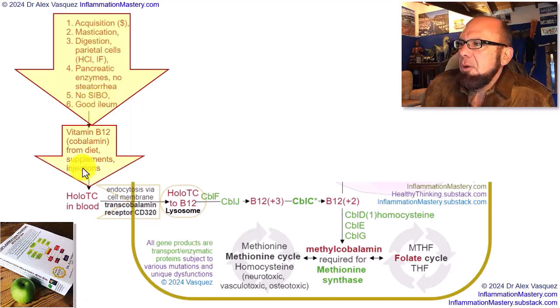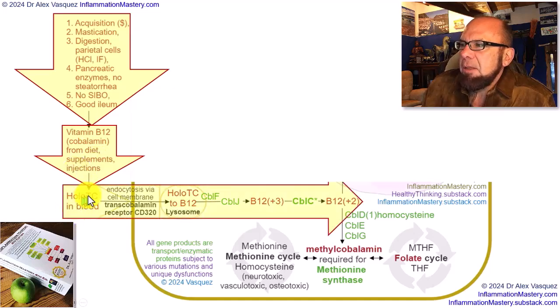From there, we absorb B12 in the terminal ileum, and we can use high-dose supplementation, typically 2 to 6 milligrams per day of vitamin B12, or we can use injections, either intravenous, subcutaneous, or intramuscular.